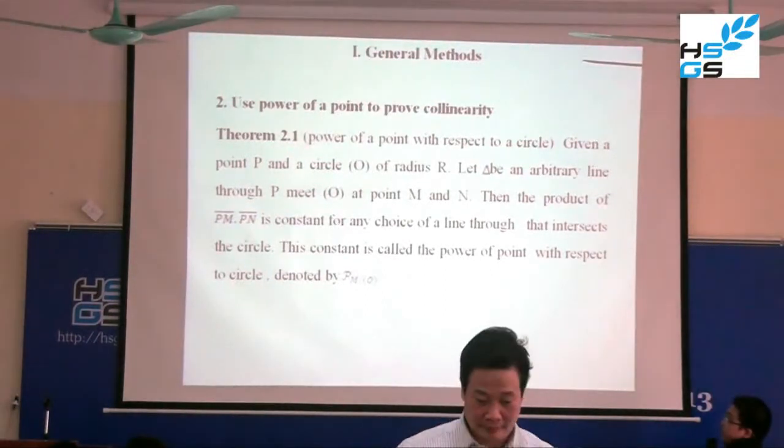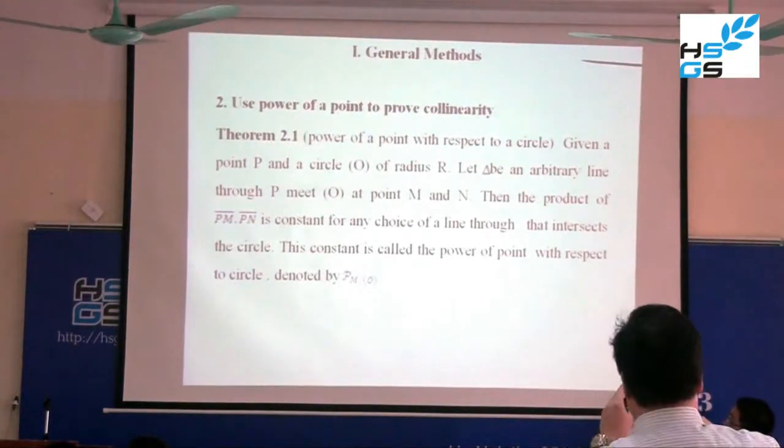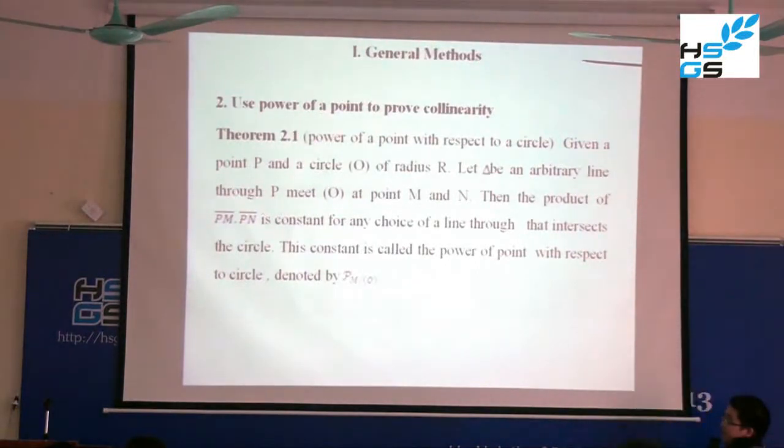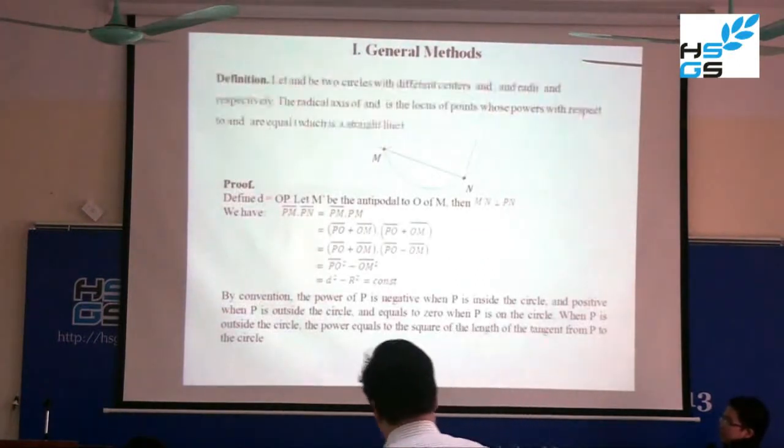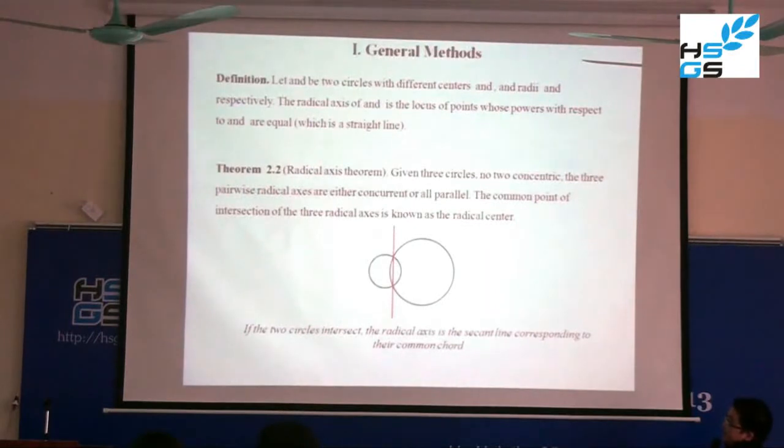And method number 2 uses the power of a point with respect to the circle to group collinearity. Here, theorem 2.1 is the definition of power of a point with respect to a circle, as you can see above. The power of point P with respect to the circle O with radius R is equal to the square of PO subtracting the square of R. Next, we have the definition of the radical axis of 2 circles.